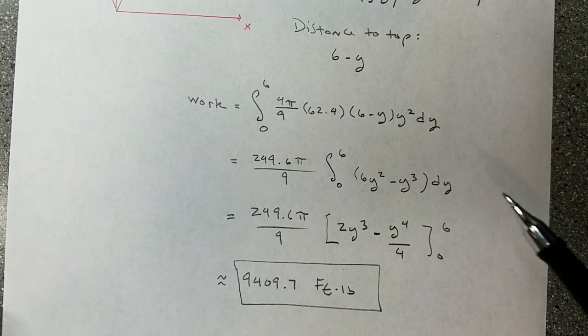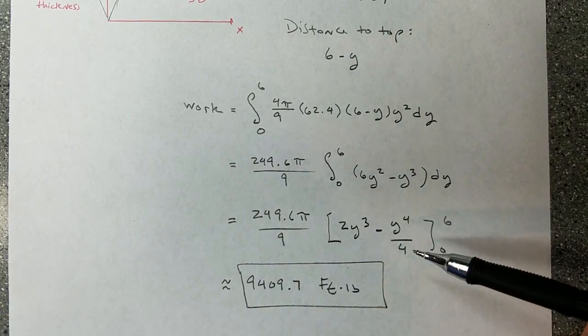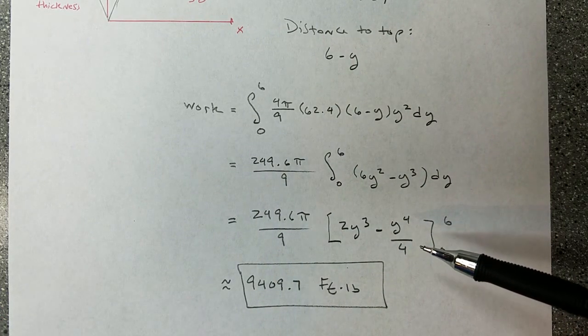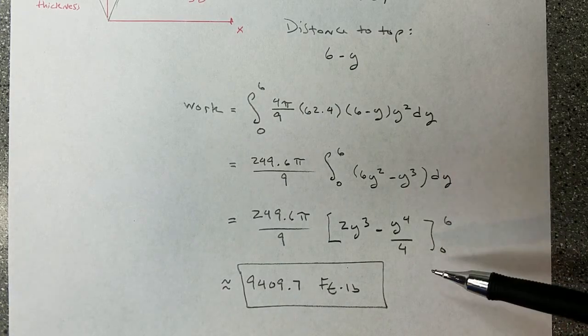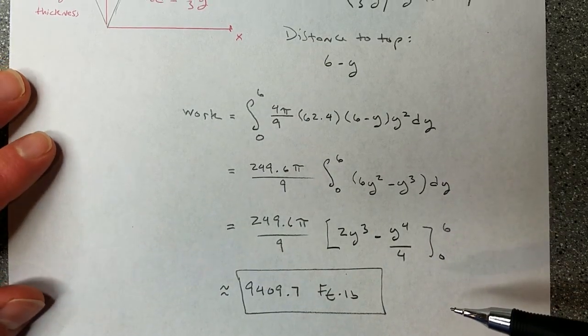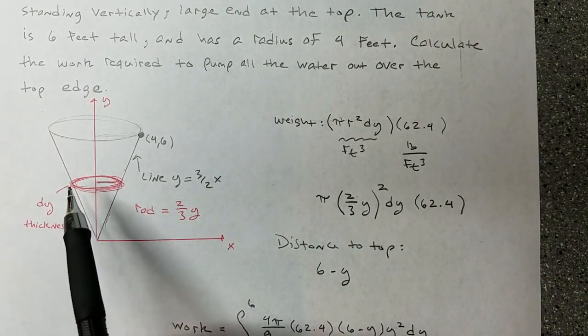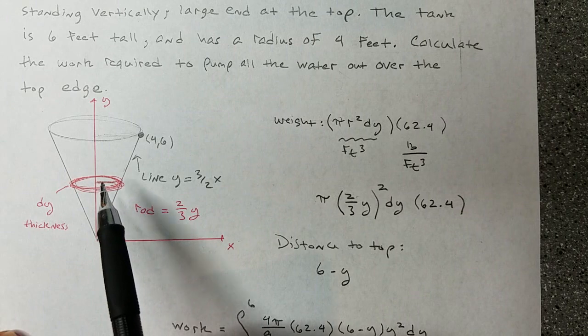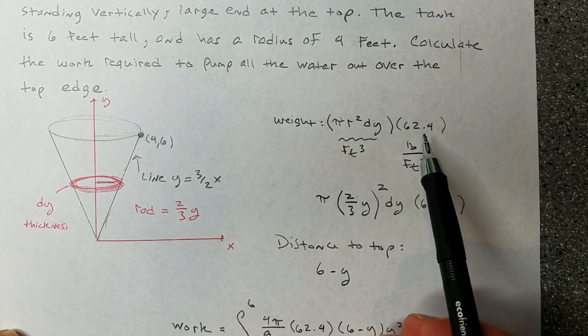Now, it's probably not hard to do this part. I say that a lot in Calculus 2. We did integration by parts. We did all the difficult integrals already. It's probably not that hard to do this part. But I want you to see why we make the imaginary slice, and we calculate its weight from its volume and its density.